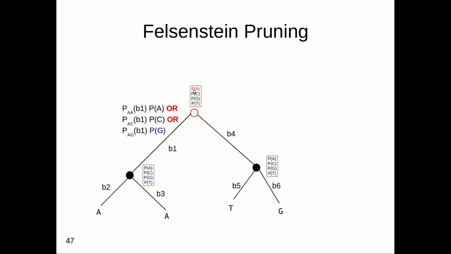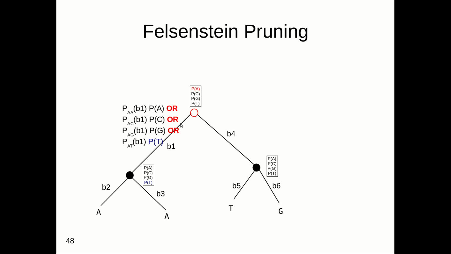Or we could, of course, go from A to G along this branch B1, and then we still must multiply it with the probability of actually being in G at this inner node. Or we may assume that here we are in state T with a certain probability, and then we're going from T to A along branch B1 such that we end up in A here.